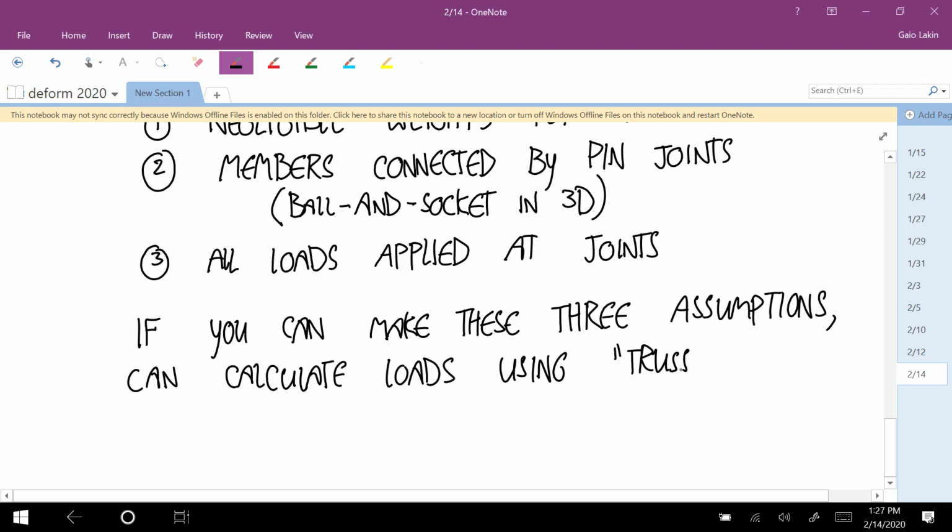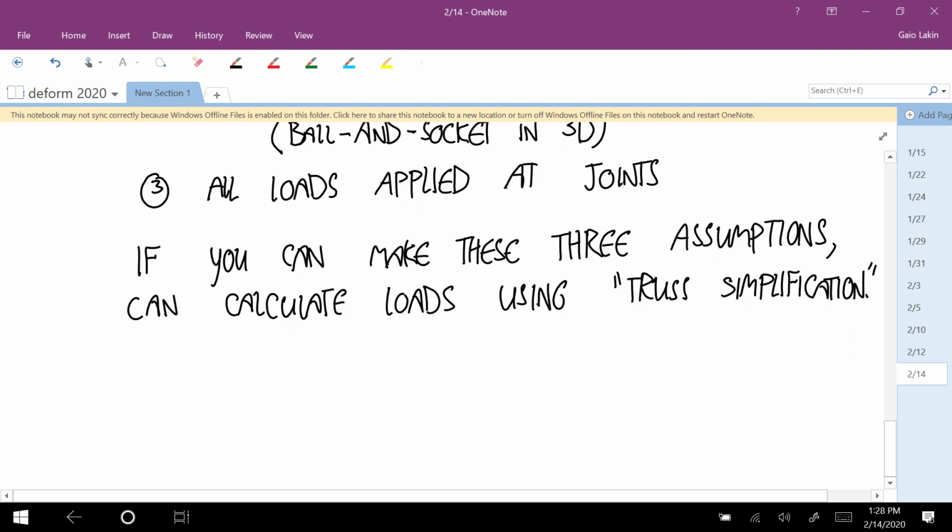And using this truss simplification cuts down on the number of variables and equations a ton compared to doing a full structure analysis. So for the truss simplification, here's how we're going to do it.